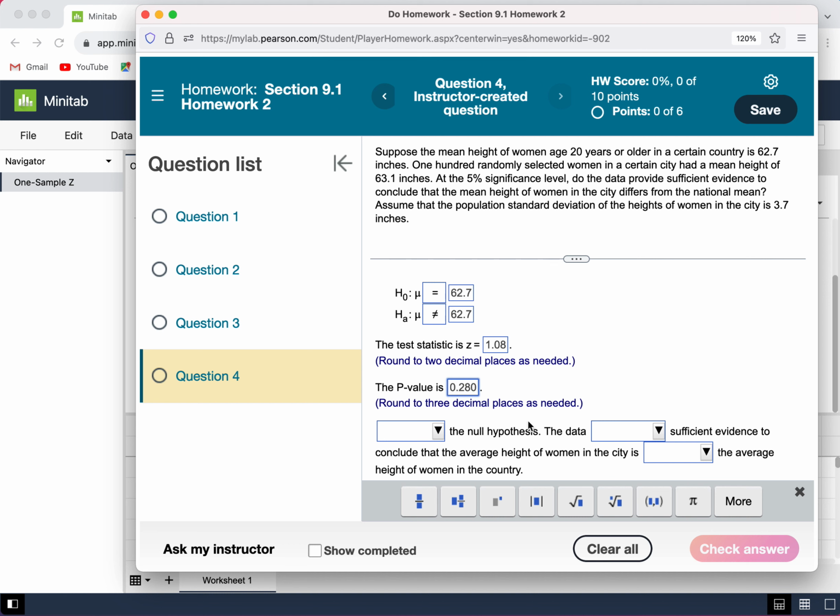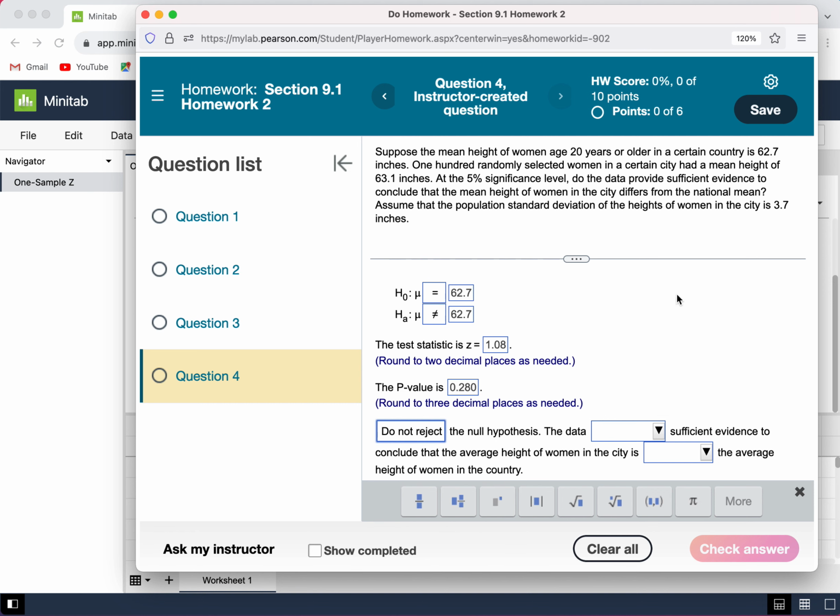Finally, we need to decide whether to reject or fail to reject the null hypothesis. So we are comparing our p-value to the level of significance given to us in the problem. This problem is asking for 5% significance level, so we want to see if our p-value is less than that significance level. In this case, no, our p-value is not less than that significance level, so we do not reject the null hypothesis.